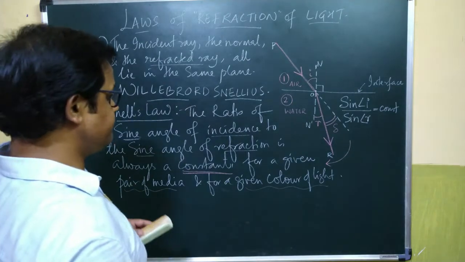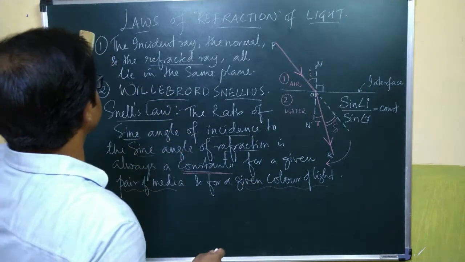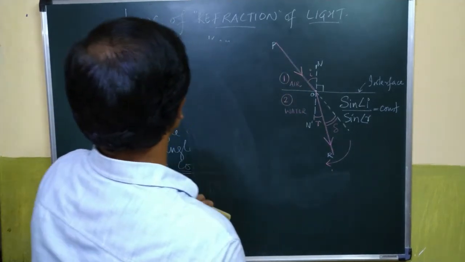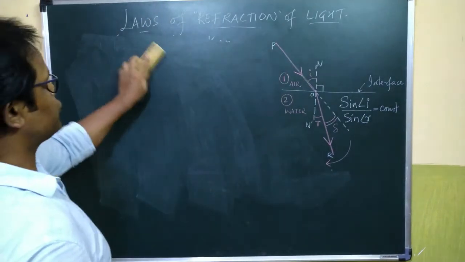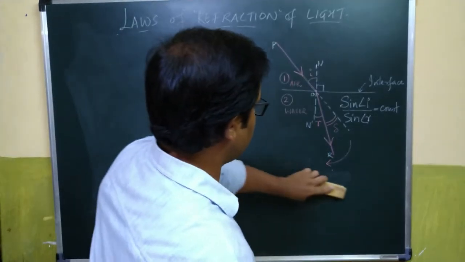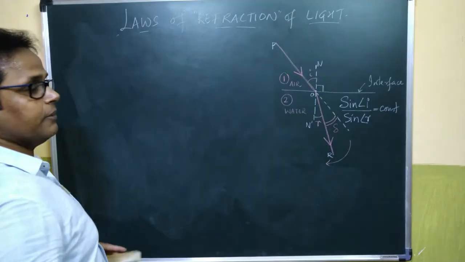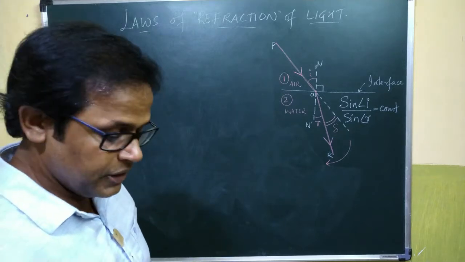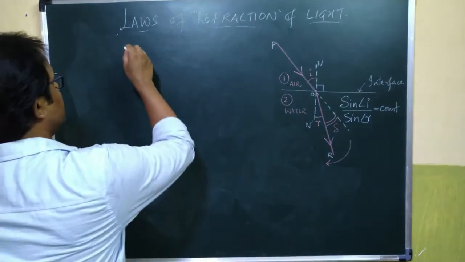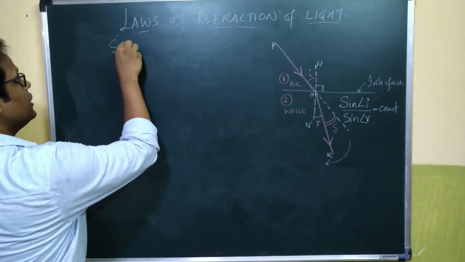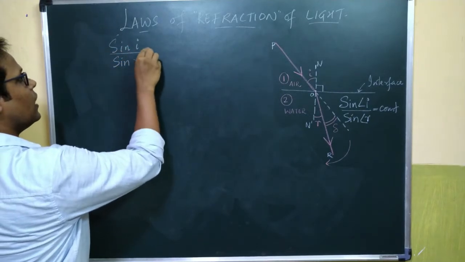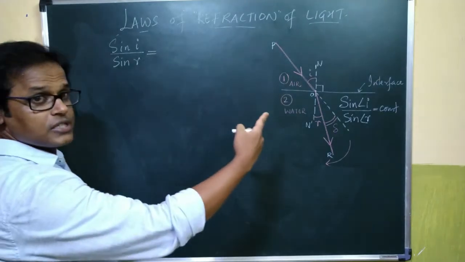Now I need some space, so I clean it up. It will be true for any pair of media, whether rarer to denser medium, or denser to rarer medium. So what does that law exactly mean? It is better written as sine I by sine R is equal to a constant.